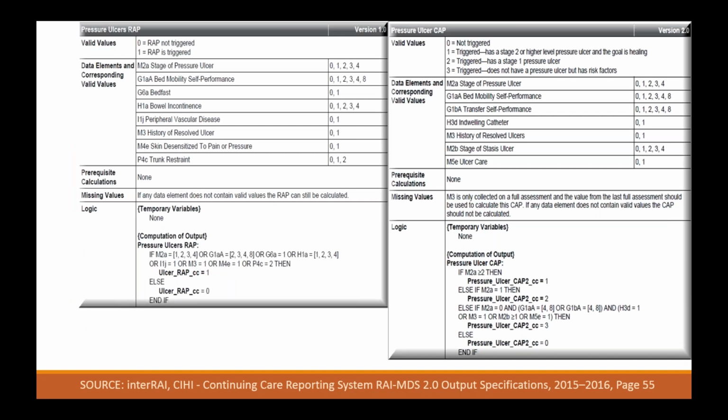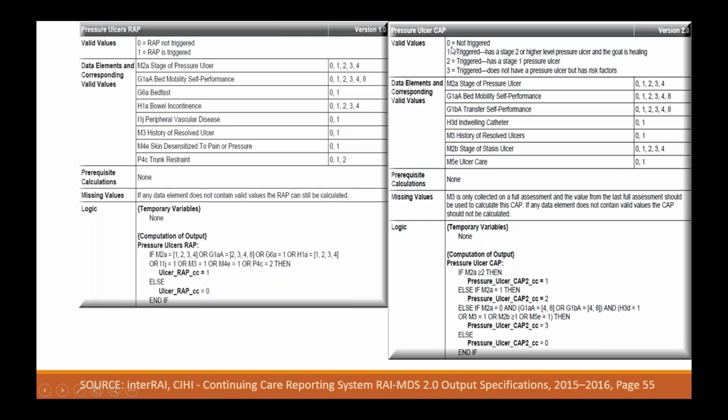So we've looked at the indicators and how they're calculated. You can see it's a very, very simple calculation. If you're using the RAPs, what we want to know is what risk you are in with respect to ulcer. And you can see there is a pressure ulcer RAP. Now for the RAP, it's either triggered or not triggered. For the CAP over on the right-hand side, there are 4 different levels of trigger.